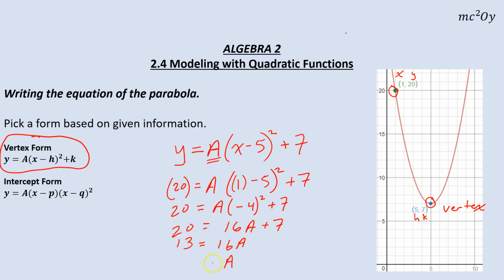So a would be 13 over 16. Then if I rewrite my equation, I would have y equals 13 over 16 times the quantity x minus 5, quantity squared, all plus 7. There we've got it.